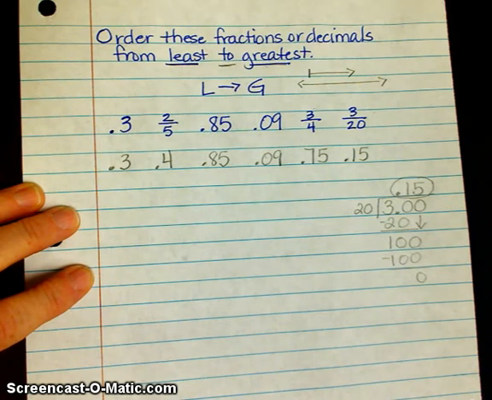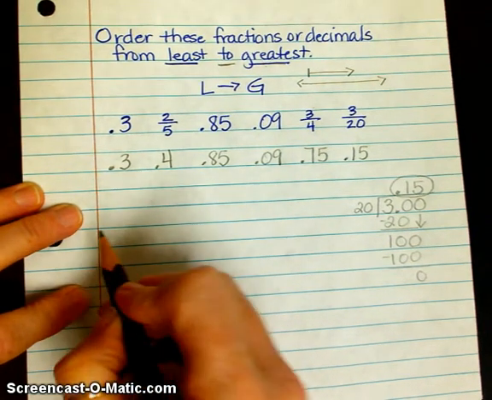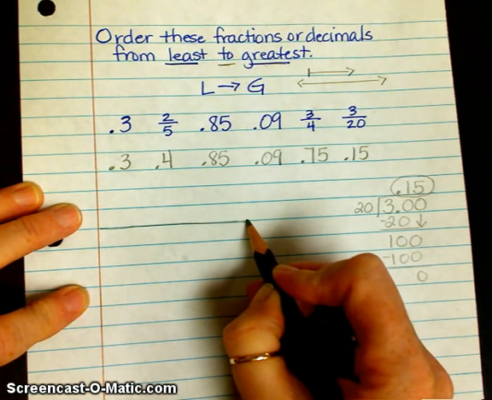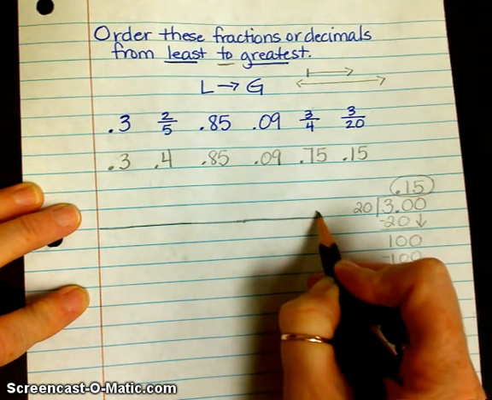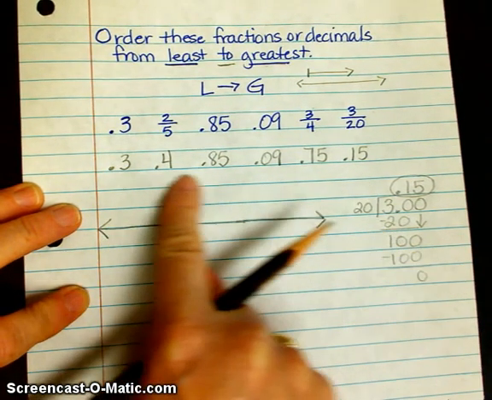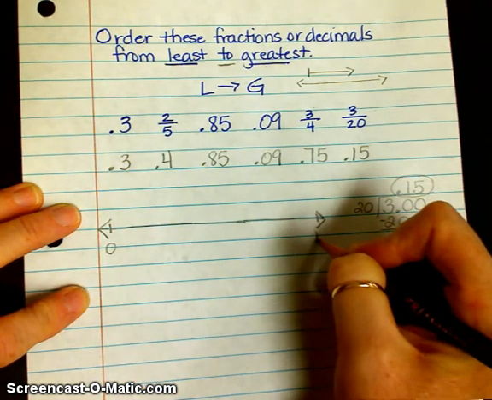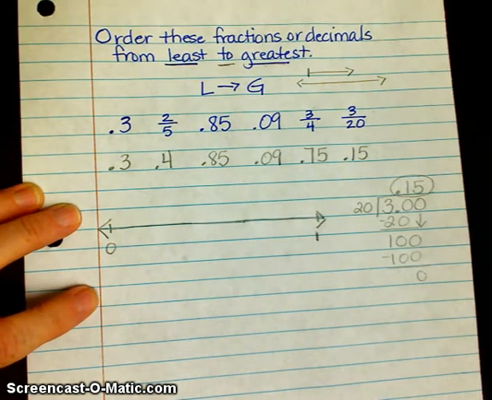Now that I have completed step 4, which is to convert all of the fractions to decimals, number 5 said, draw my number line. So I'm going to draw a number line right here. If I look at these numbers, it looks like all of these decimal points are between 0 and 1. So that's how I'm going to label my number line.